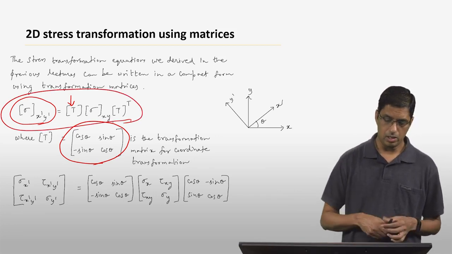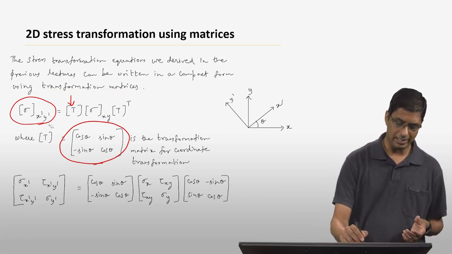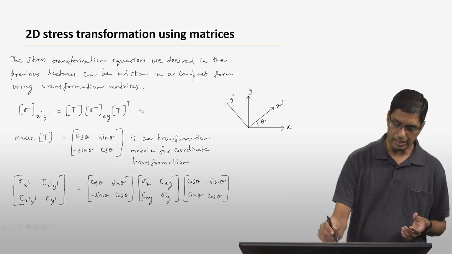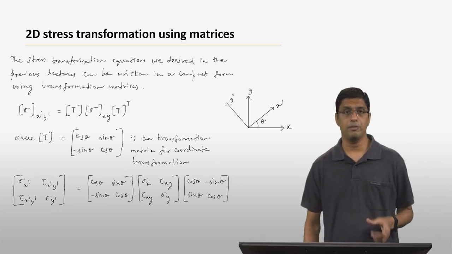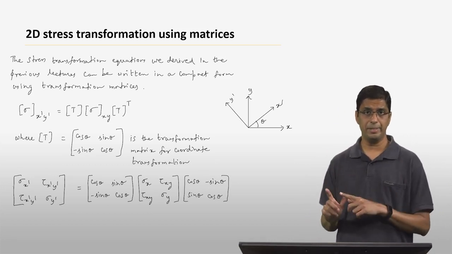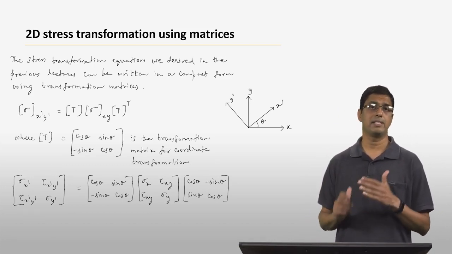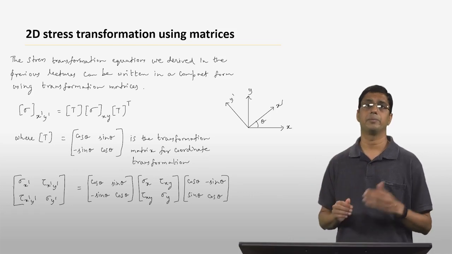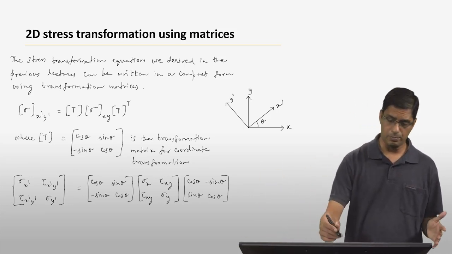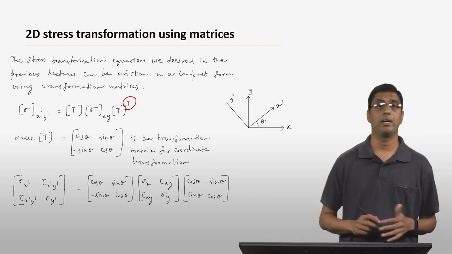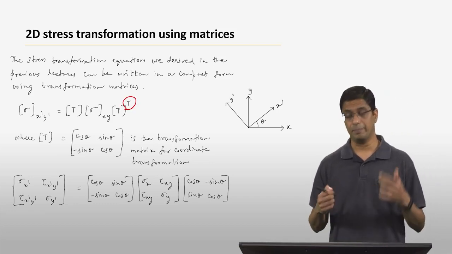What it means is that if you know the angle theta between x prime and x, you can form this transformation matrix T, then pre-multiply the sigma in the xy coordinate system using T, and then post-multiply that with the transpose of the transformation matrix, that is T prime.